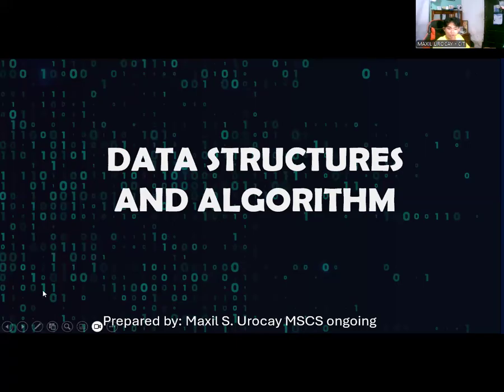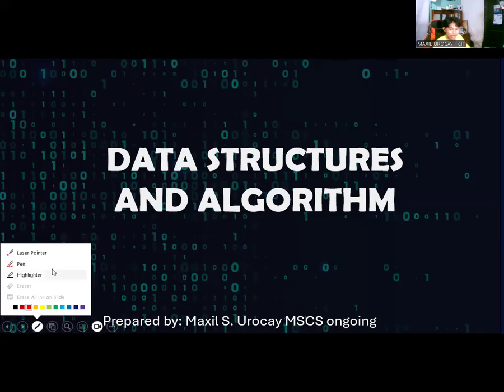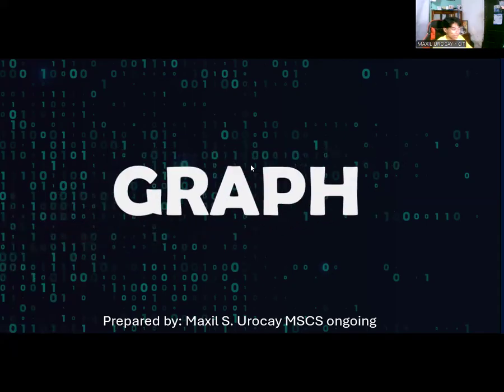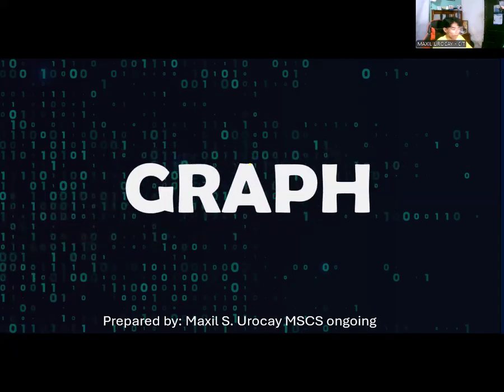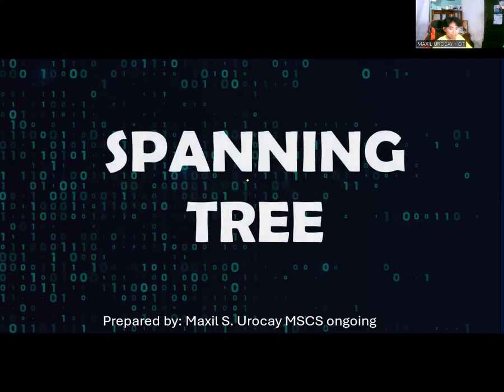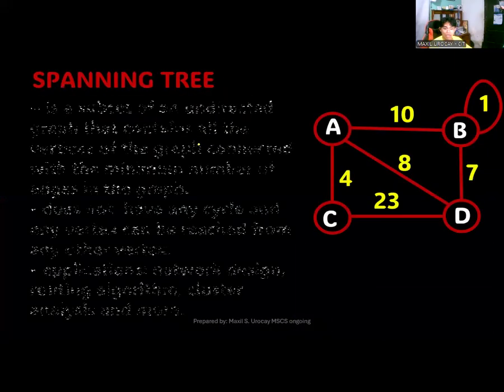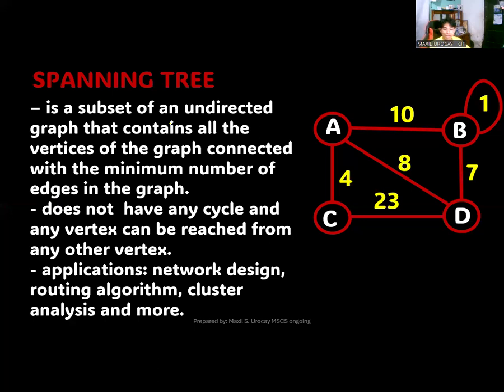So in this video, we will begin to focus with the graph, the same thing, and we will proceed with the next topic, which is all about the spanning tree. So what is a spanning tree? When we say spanning tree, that is talking about a subset of an undirected graph that contains all the vertices of the graph connected with a minimum number of edges.